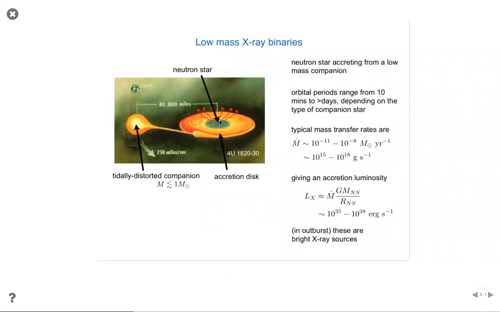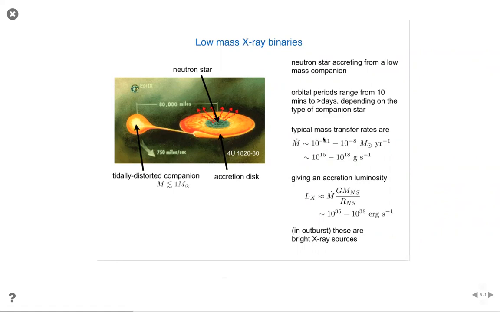The accretion disk is in the middle, and this black arrow shows the location of the neutron star. Orbital periods in these binary systems usually range from 10 minutes up to a few days, depending on the type of the companion star.